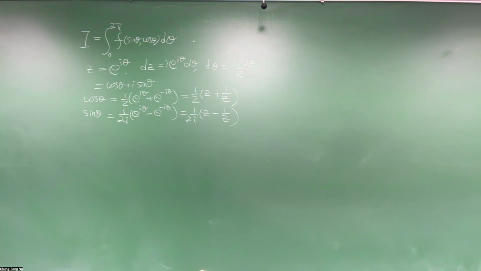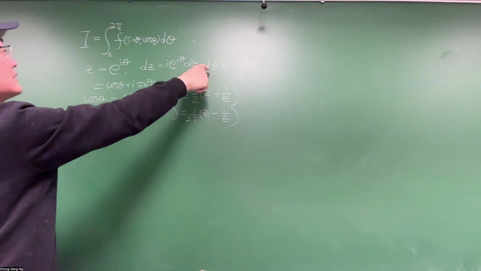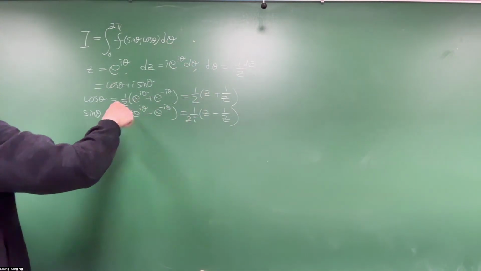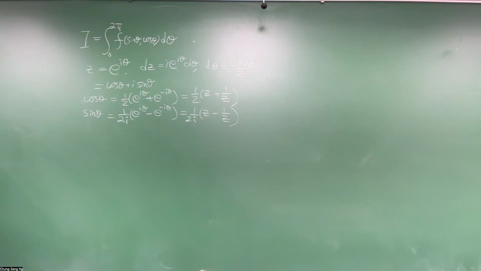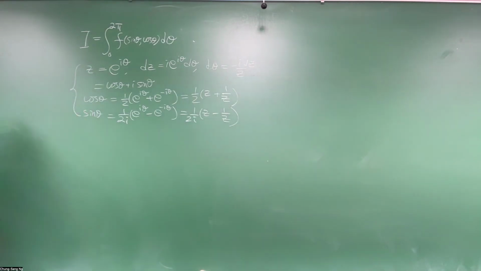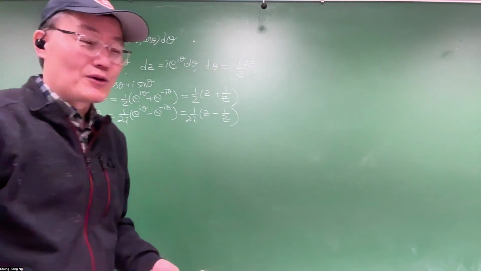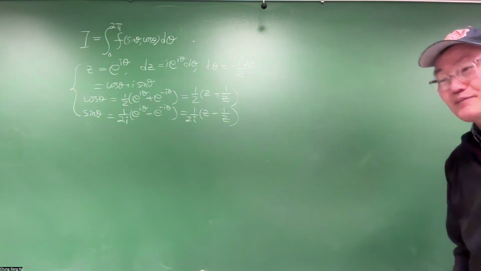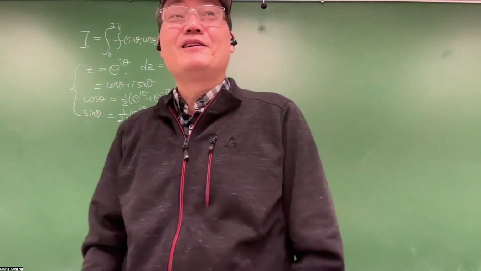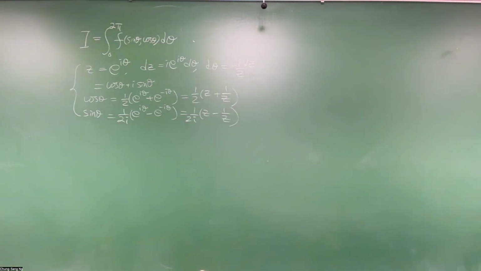Okay, so everything is in terms of z now. d theta goes into here, with sine theta and cosine theta. That's just straightforward. Supposedly you don't need to remember the formula; you can just derive that in 2 minutes. So just do the usual change of variable.